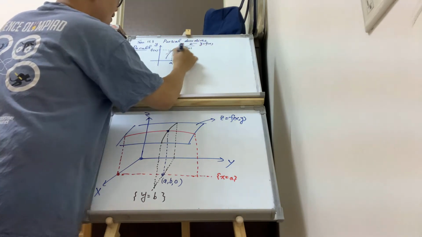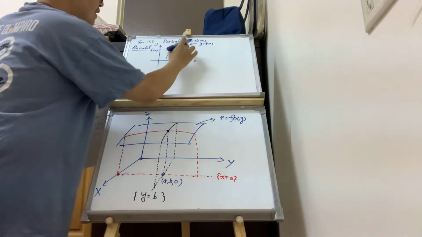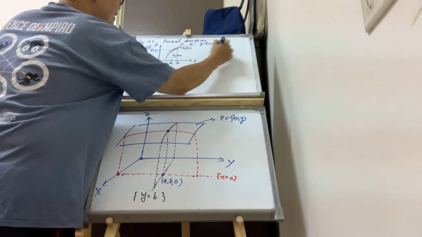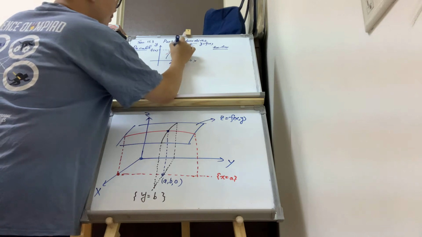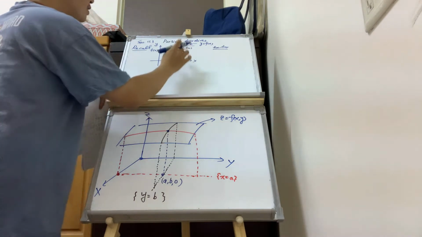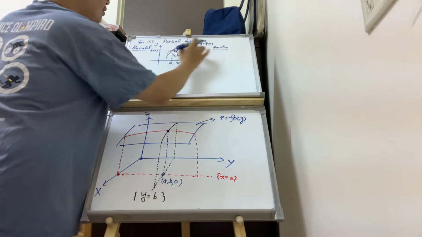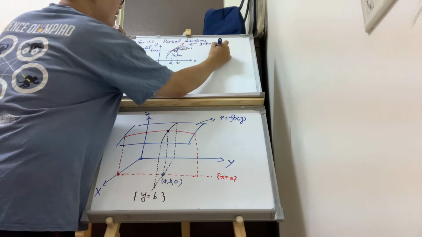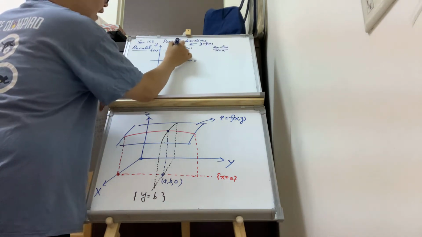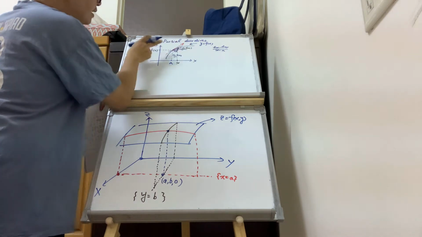With these two points, the difference in y is f of x subtract f of a, and the difference in x is x subtract a. Here we can see the triangle. But this is a straight line connecting the two points.